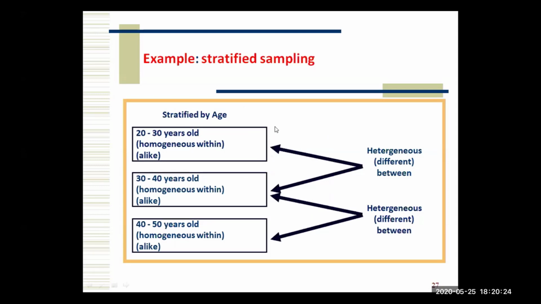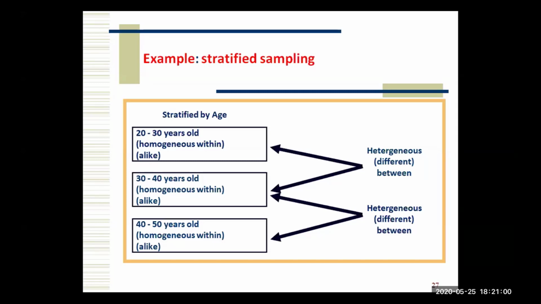Maybe for saving behavior, it might be quite easy for the researcher to categorize individuals whose age is between 20 to 30. He assumes they have similar characteristics for saving, and then individuals 32 to 45 years old also have similar characteristics, and then 40 to 45, and by forming 3 strata like this, you might take a sample.